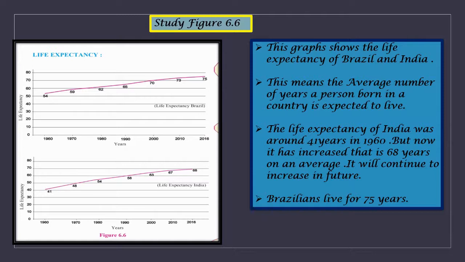In 1970 the life expectancy was 48 years, and it went on increasing. And in 2016 the life expectancy of Indians was 68 years. It will continue to increase in future. This shows that the life expectancy of Brazilians is more than Indians. Brazilians live for 75 years and above.